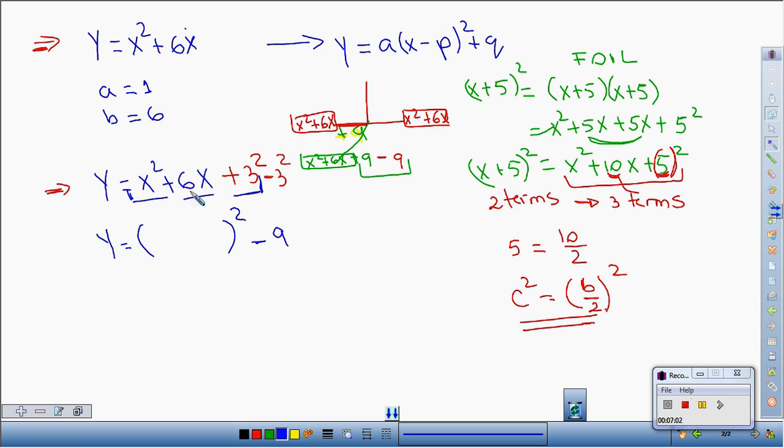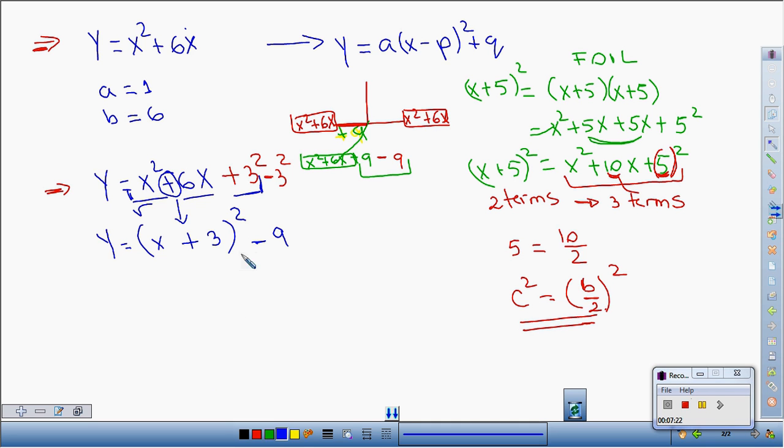Now let's see what is squeezed inside. Well, the square root of x squared is x. The square root of 3 squared, or the square root of 9, is 3, and the middle term's coefficient dictates the sign, which means I have (x plus 3) squared.